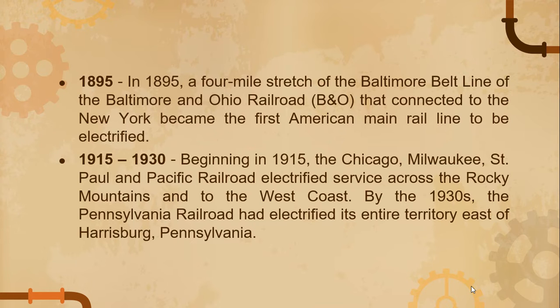In 1915, the Chicago, Milwaukee, St. Paul, and Pacific Railroad electrified service across the Rocky Mountains into the West Coast. By the 1930s, the Pennsylvania Railroad had electrified its entire territory east of Harrisburg, Pennsylvania.